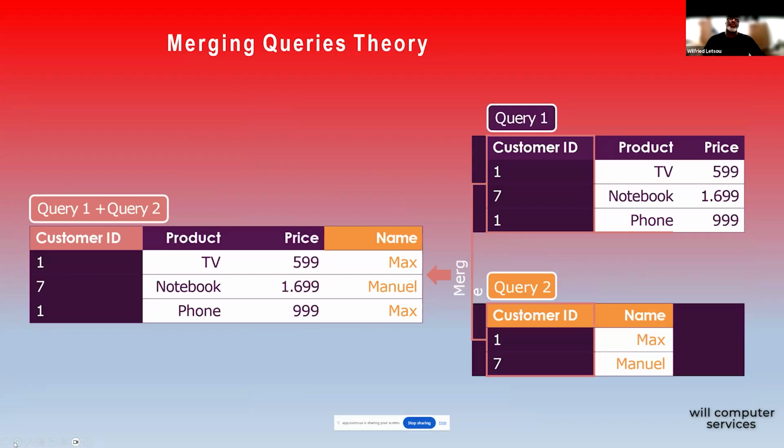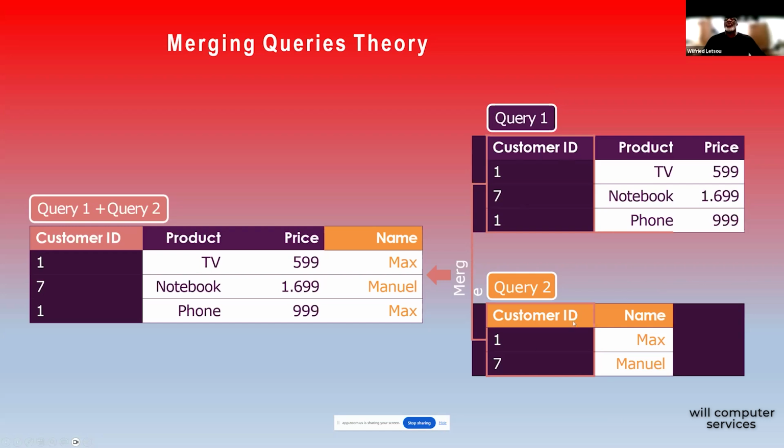Merging query: we have this table here, query one, table two. We did it last week. We have the customer ID, product, and price. We have table 2 with customer ID, because they have to have something in common, a matching column. Here we have customer ID, product, price.